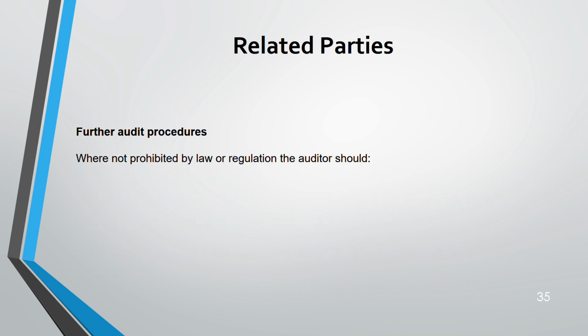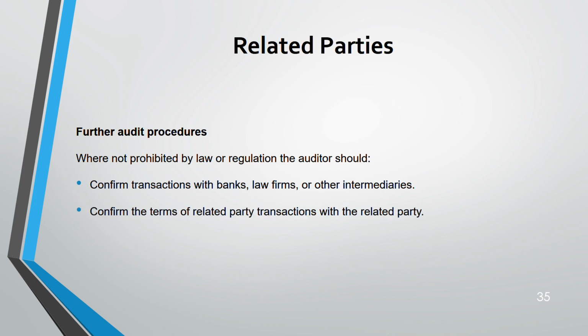Next, where not prohibited by law, the auditor should confirm transactions with law firms, banks, or other intermediaries. Because obviously you must have done the transaction through the bank, so you have to confirm it with the bank to check the amount and the volume, or with the law firm or other intermediaries if you are using any in-between person for the transaction.